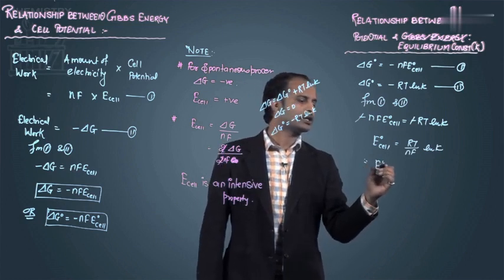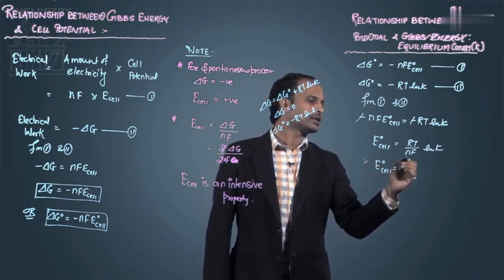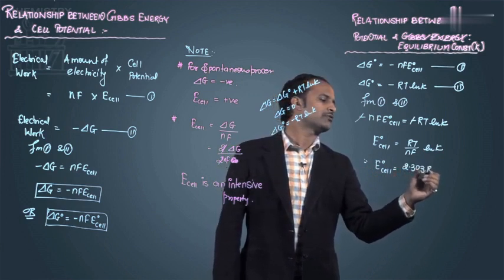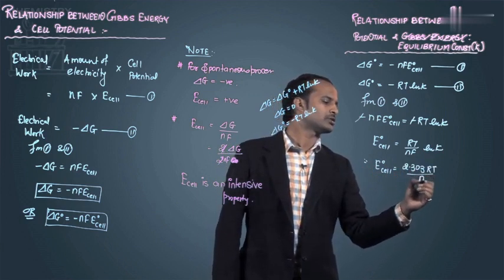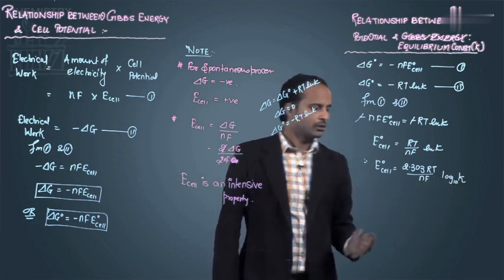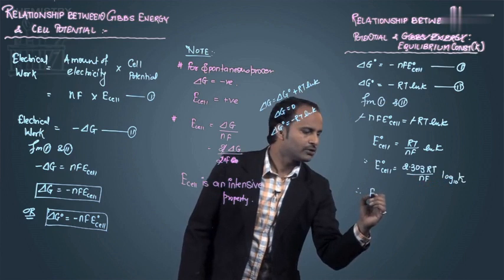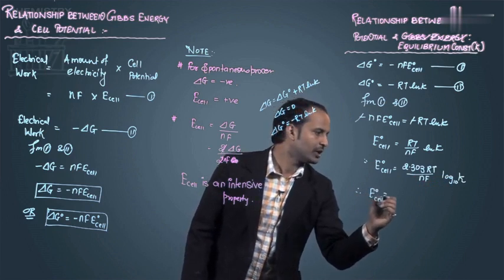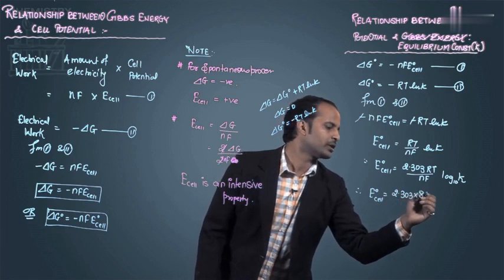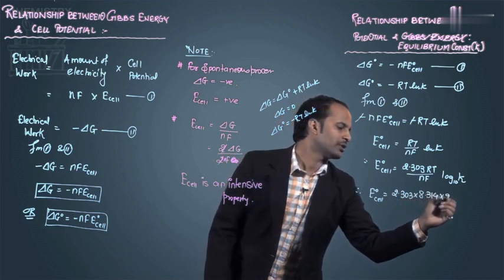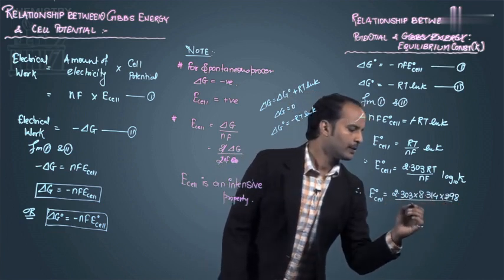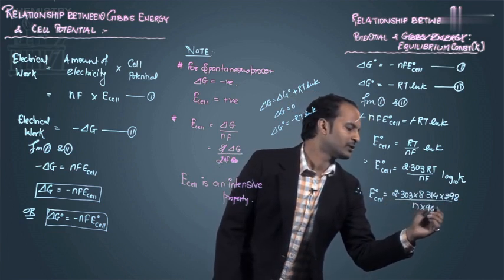So I can say that E naught cell is equal to 2.303 RT upon nF, and once I multiply by 2.303, ln will become log to the base 10 K. Therefore, E naught cell is equal to, here I know the values of many terms: 2.303, R is 8.314, temperature we are considering standard cell potential so 298, and into 96,500.